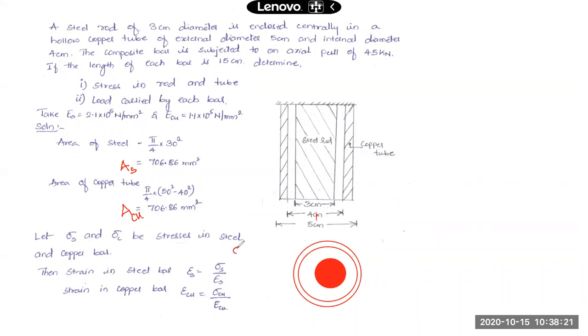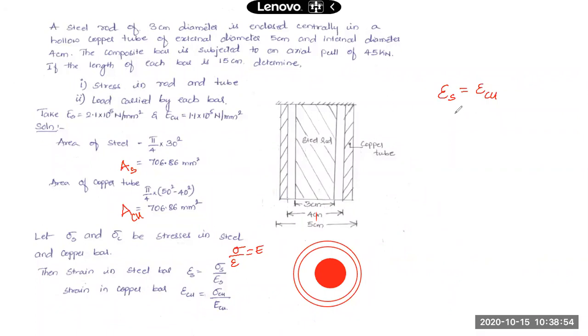Okay, so this is the relation, Hooke's law again, what we have applied here. Stress by strain will be nothing but modulus of elasticity E for any material. Within the elastic limit, this relation holds good. So this has been used for expressing the strain in both the bars. Now, what is the relation between strains here? Since both bars have been connected rigidly at their two ends, the strain in steel bar should be equal to strain in copper bar.